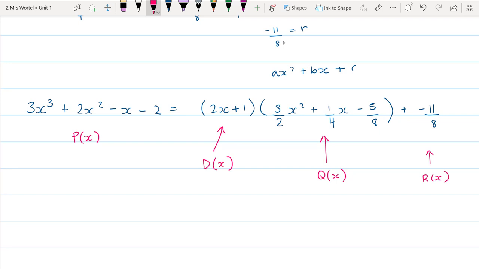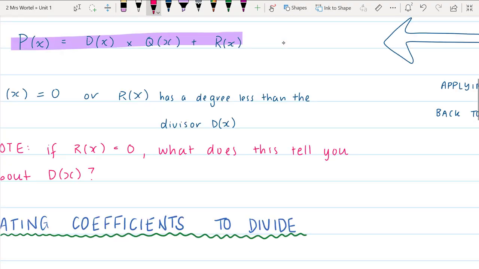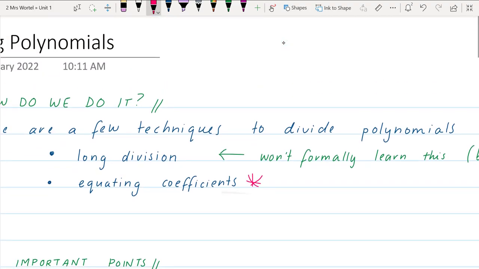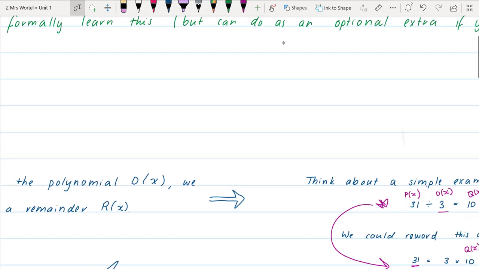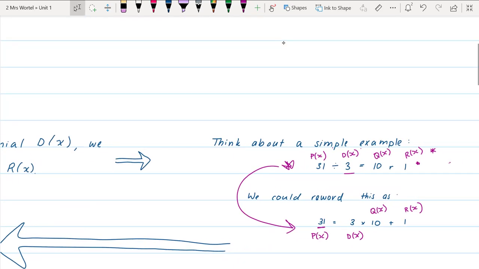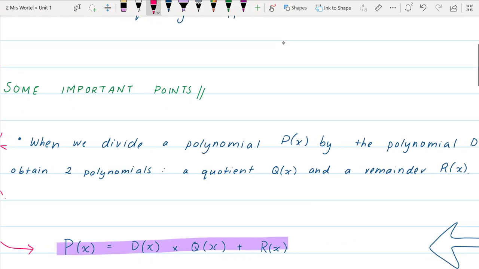So thinking back to how we translate that back, scrolling right back up to the start of the lesson. Where are we? My original polynomial divided by my divisor is equal to my quotient, remainder, whatever the remainder is. So let's go and say that.